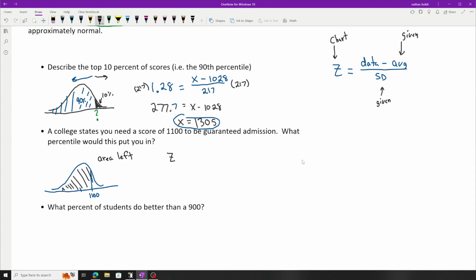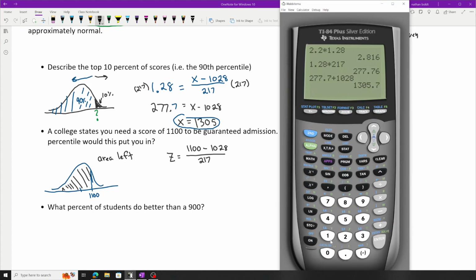So our z-score will be 1100 minus the average divided by the standard deviation. 1100 minus 1028 divided by 217 is .33.